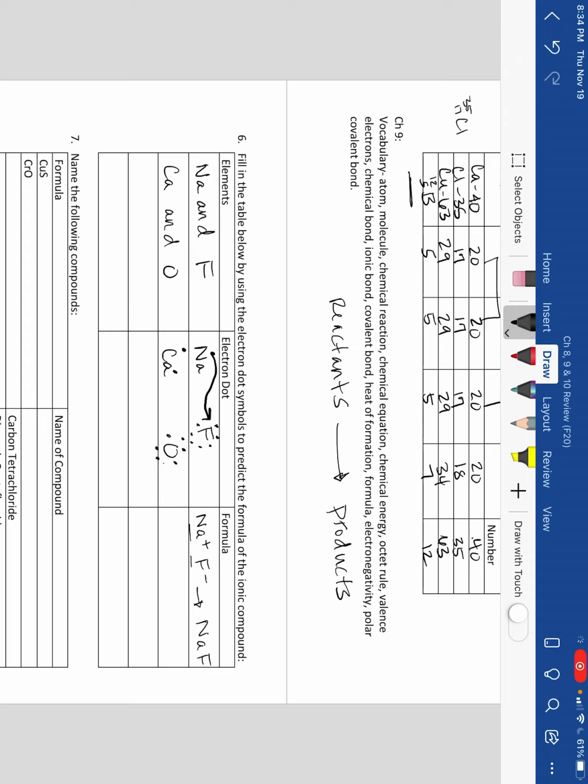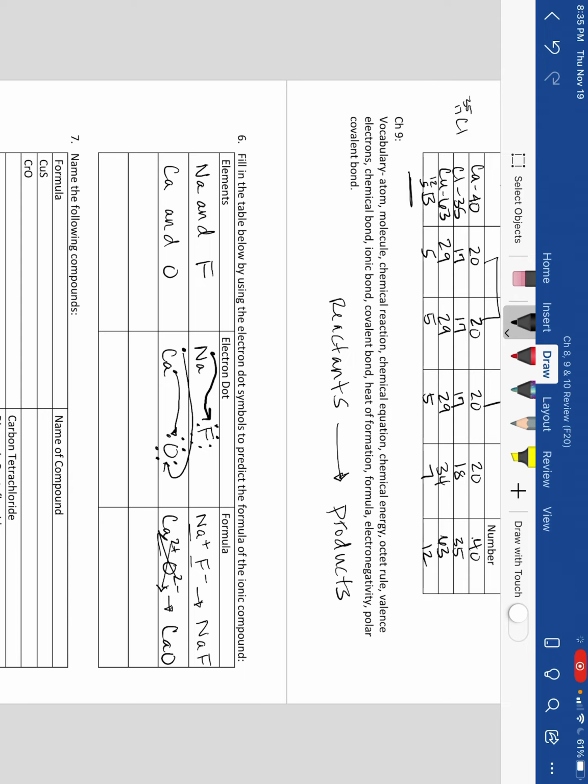If you remember, they want to acquire that octet rule, so 8 outer electrons, so that makes that Ca2 plus. And then when you add the 2 electrons, it makes this oxygen 2 negative. So if you do the crossover, it's Ca2O2, but remember with ionic, you want to reduce it. So it's just CaO.